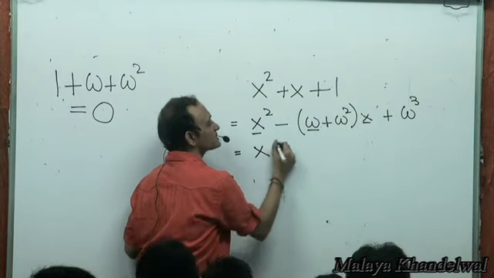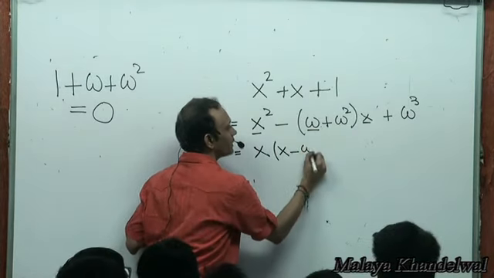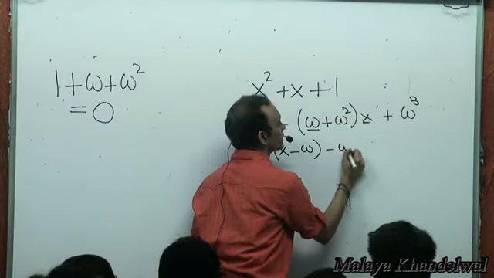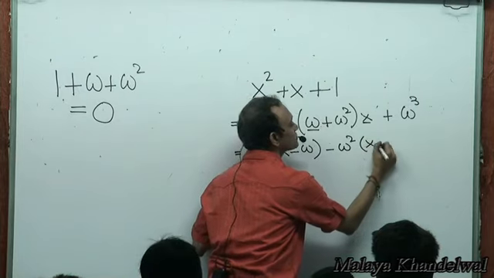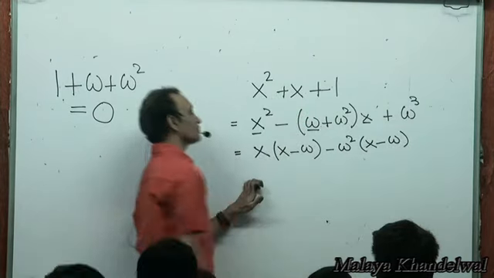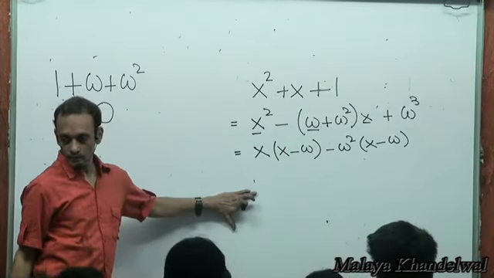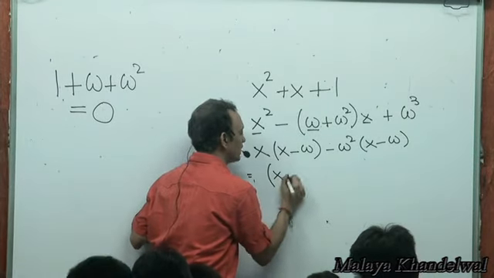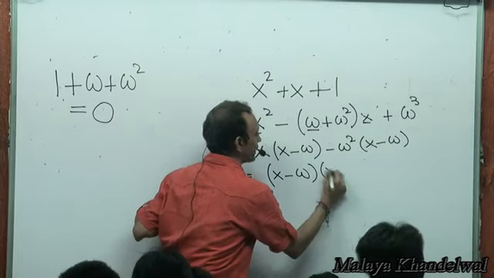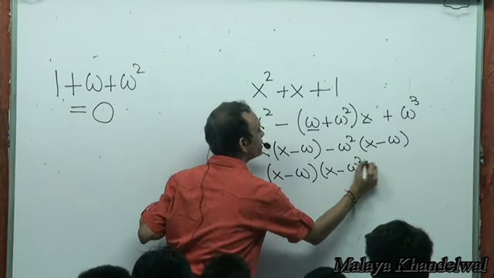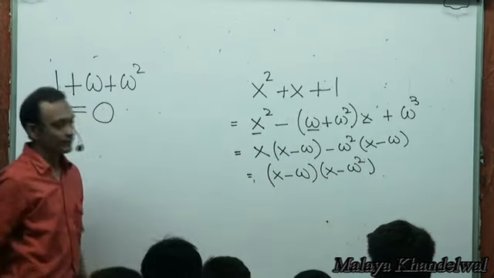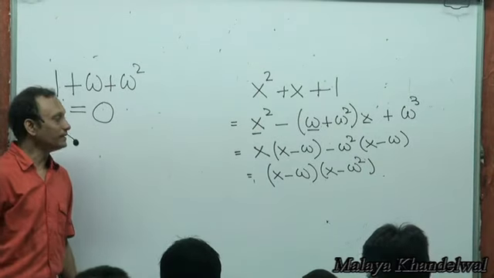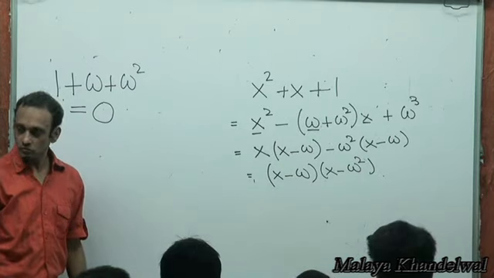And I get x into x minus omega. And I take these two, minus omega squared into x minus omega, right? Which then turns out to be x minus omega into x minus omega squared. Right? Yes or no?